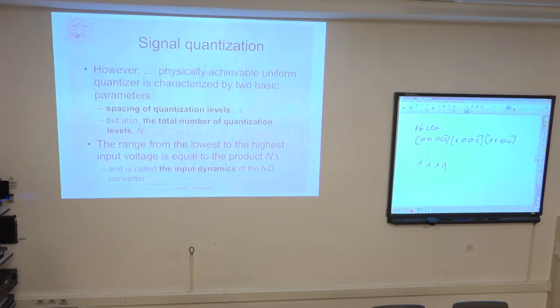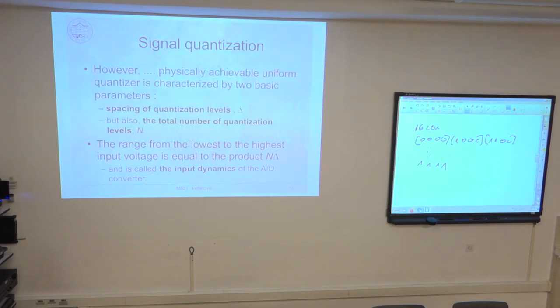Okay, so an AD converter is characterized by two basic parameters. As we said, first of all is the step size, so how big is the step, and another is how many quantization levels you have altogether. So, for example, if I have an 8-bit converter, it means I have 2 to the power of 8 levels, 256 levels, and if it is a bipolar AD converter, it is 128 negative, 128 positive.